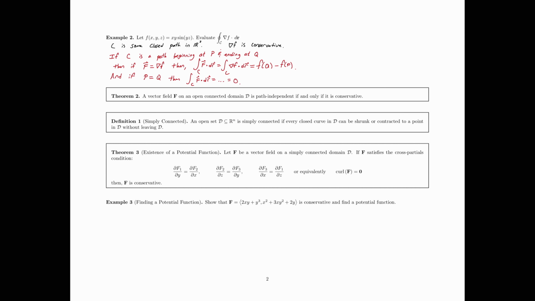So for this entire problem, it should be 0. Why? The justification is this is conservative, and C is a closed path.